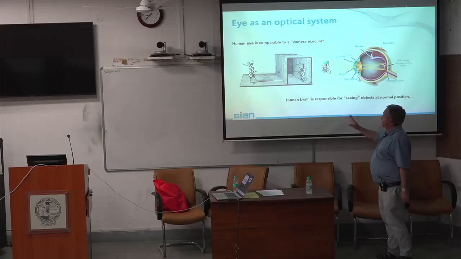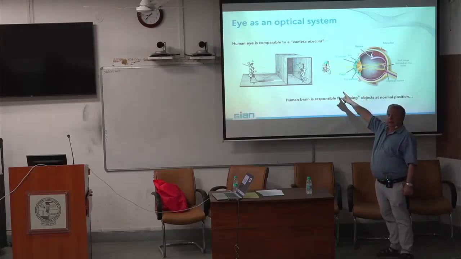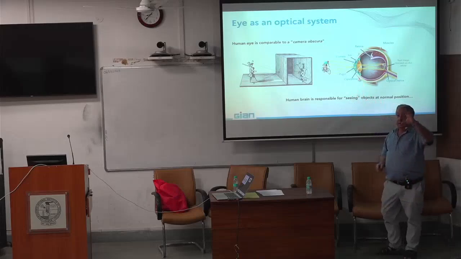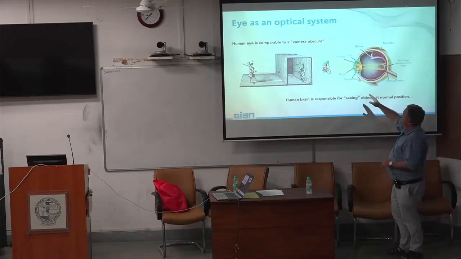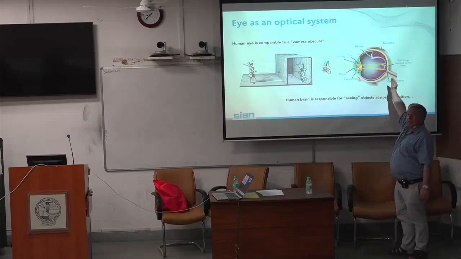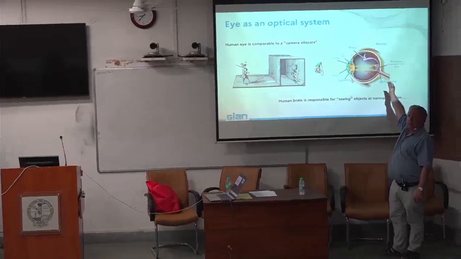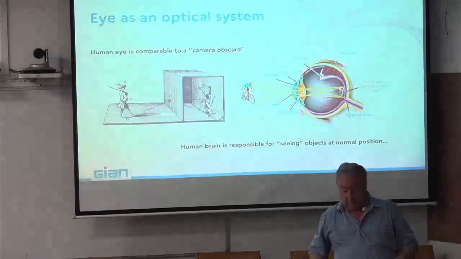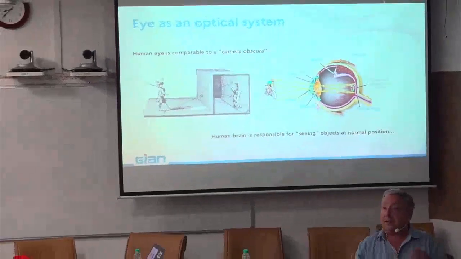Our eye is exactly the same thing. When you see the cyclist, the light passes through the iris. The iris size can change. We discussed that, but this is the small hole, and the image is then focused and formed on the back of the eye, which is the retina.